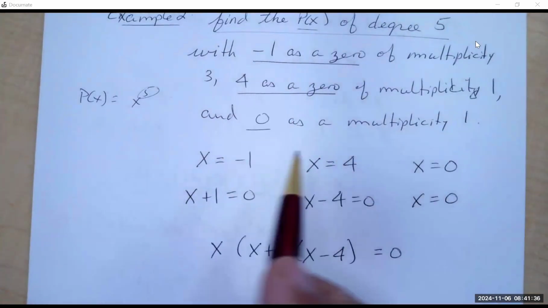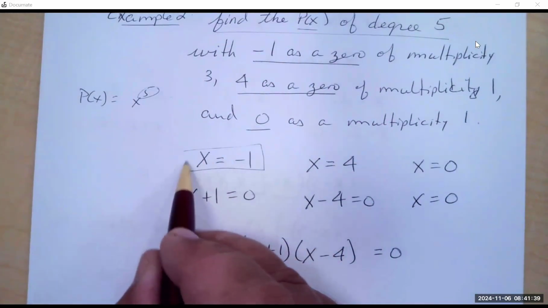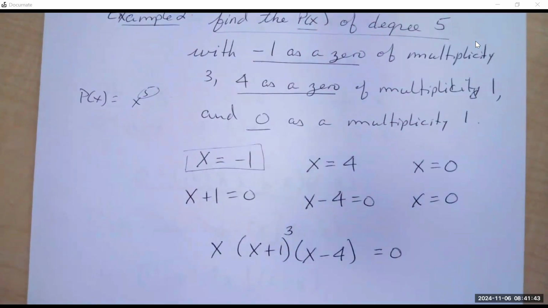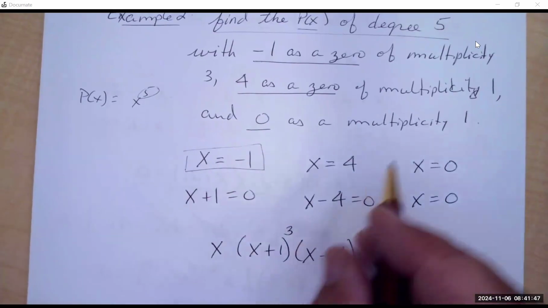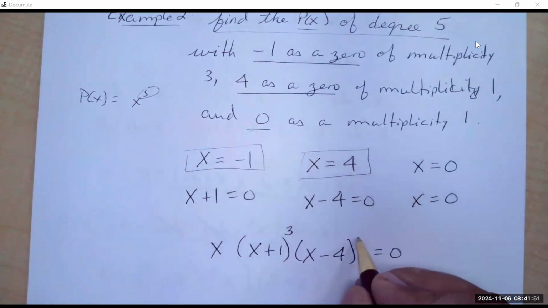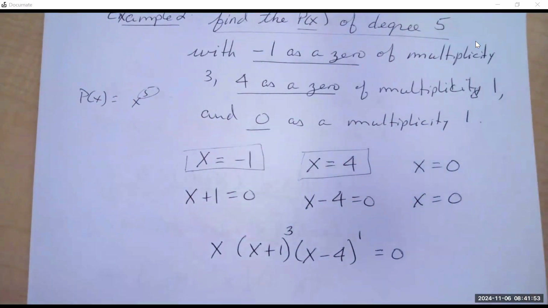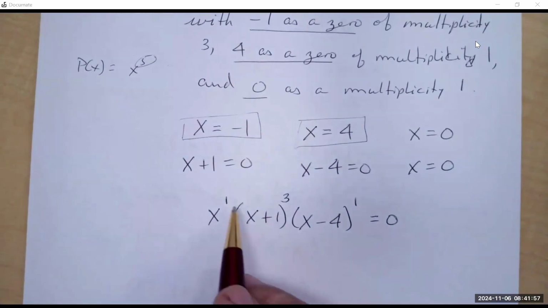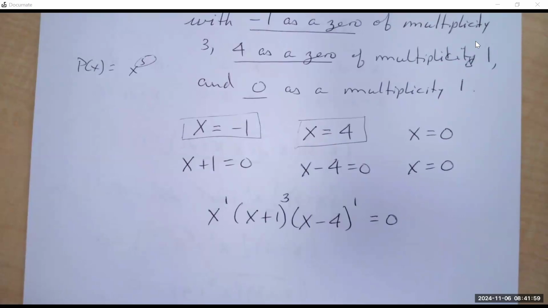So the -1, this one, is multiplicity 3. So that means it occurs 3 times. 4 is a 0, so this one occurs 1 time. And the 0 occurs 1 time. Those are our multiplicities.